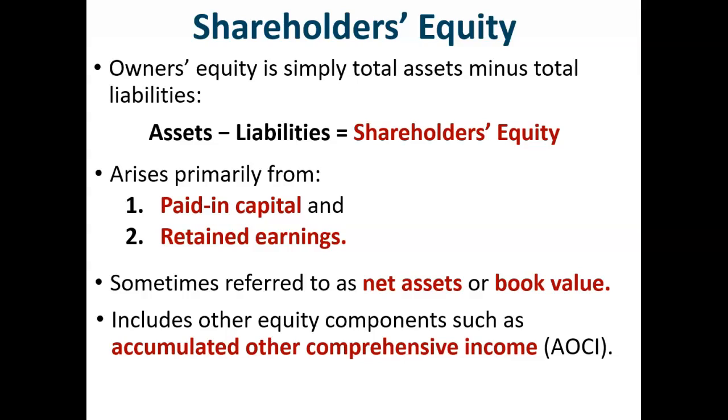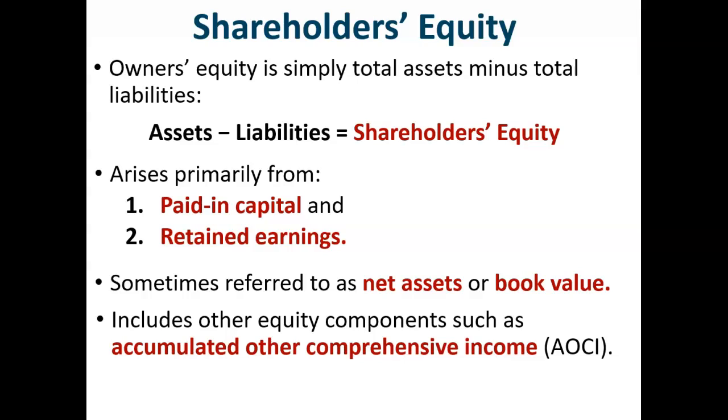A third component of shareholders' equity is accumulated other comprehensive income, AOCI. Other comprehensive income refers to changes in stockholders' equity other than transactions with the owner and other than transactions that affect net income.